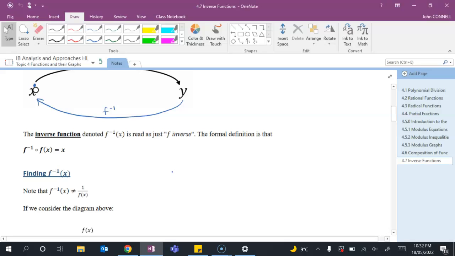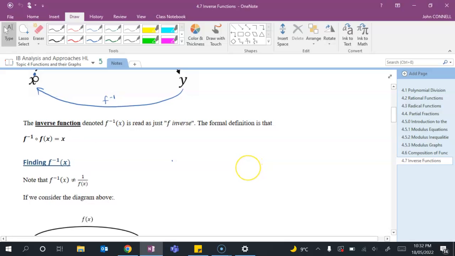First of all, let's note that although we're using a power of -1, that doesn't mean that the inverse function is 1 on f of x. The power of -1 is saying that it's the inverse, but we don't use it in the mathematical sense of it being 1 on f of x.